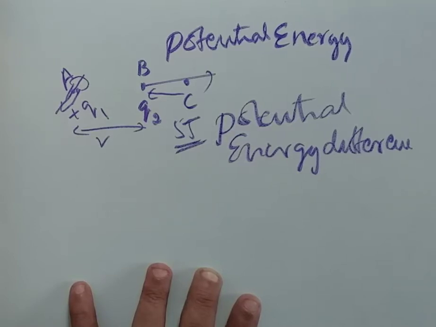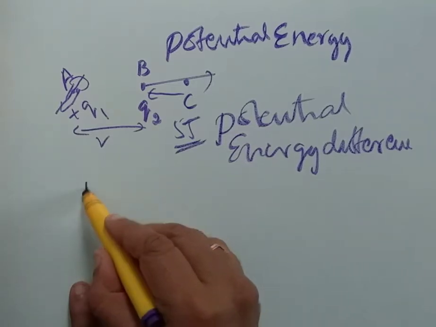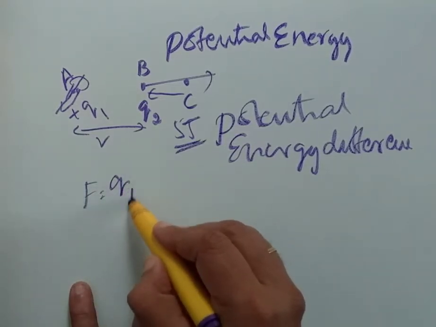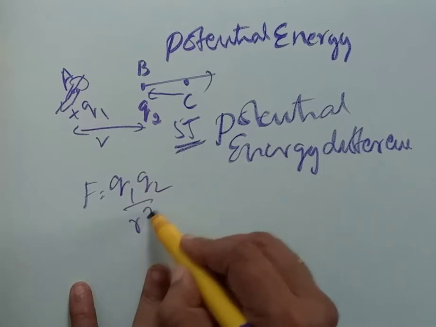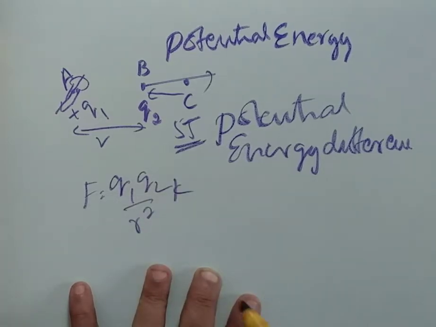What is that point? According to Coulomb's law, say if we write force is K Q1 Q2 by R square. Therefore, when force becomes 0, then only the effect of Q1 on Q2 or Q2 on Q1 is 0. According to this formula, at what distance does the force become equal to 0?